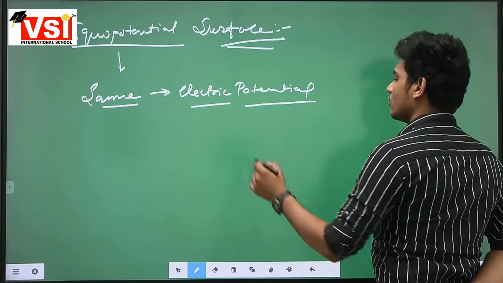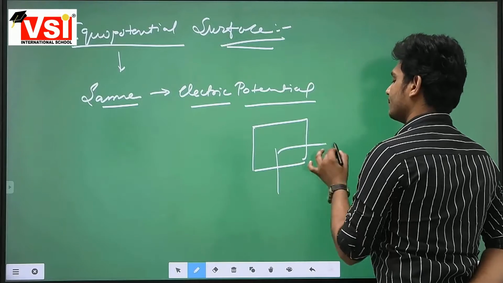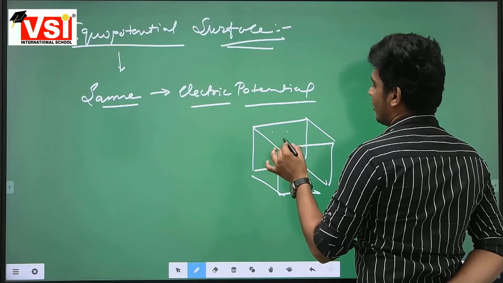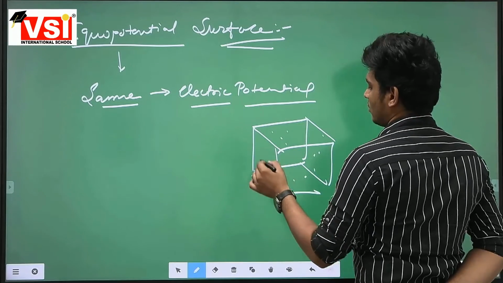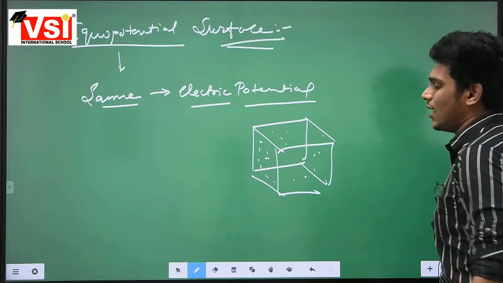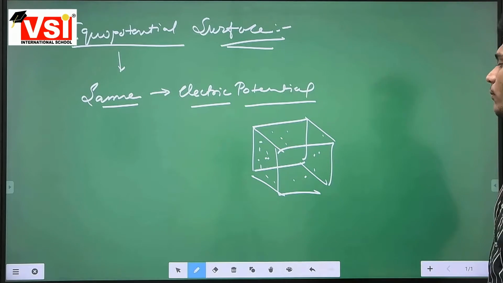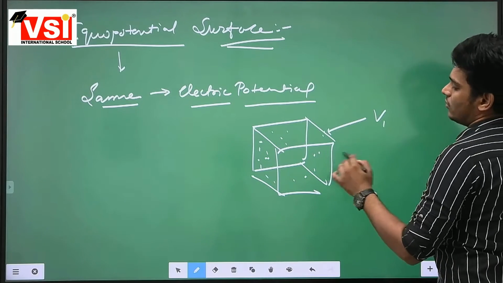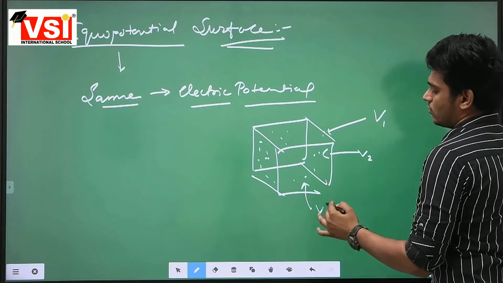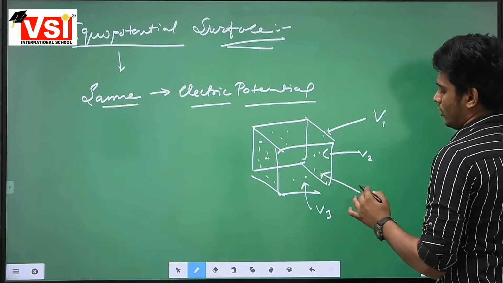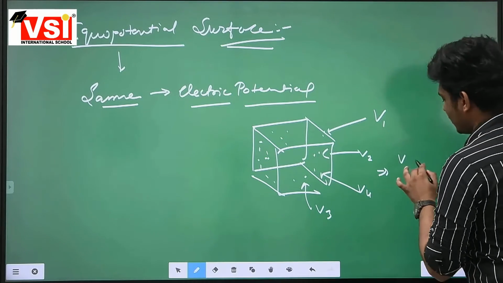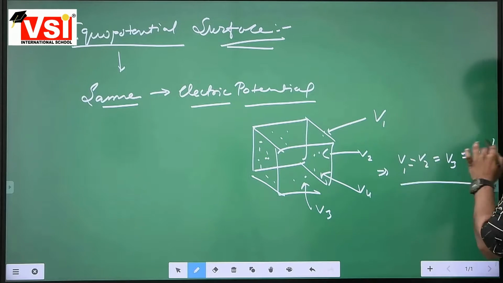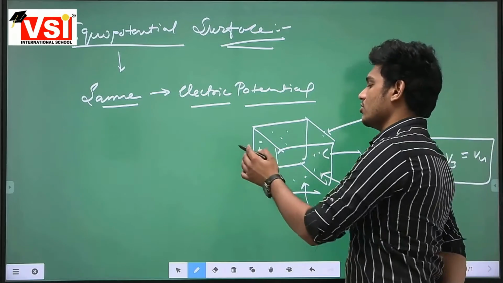For example, if we take a cube and say that each and every point on the surface of the cube has the same value of potential, V1 equal to V2 equal to V3 equal to V4, then we will say that this surface is an equipotential surface.